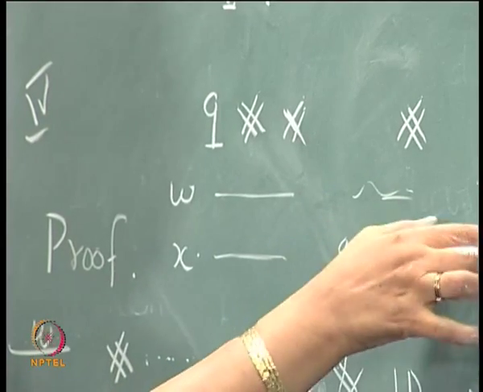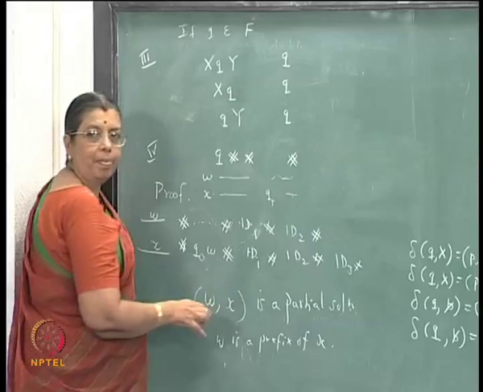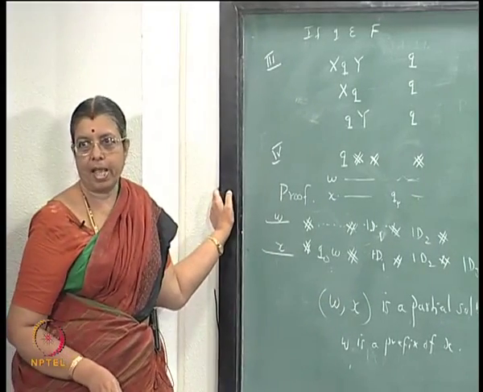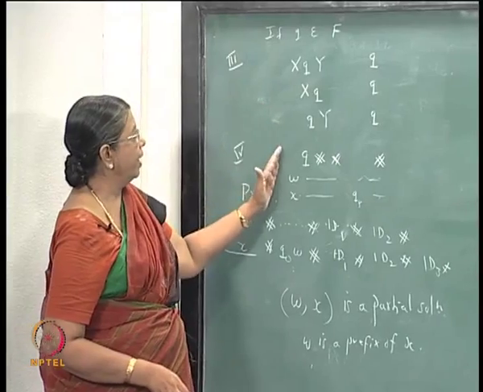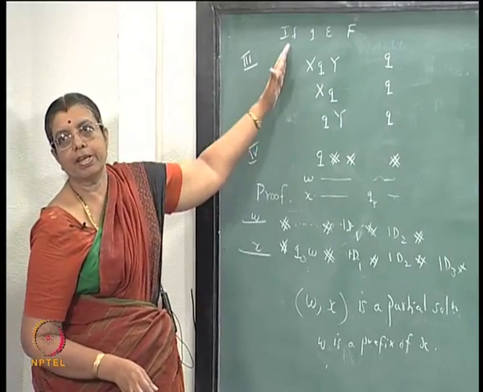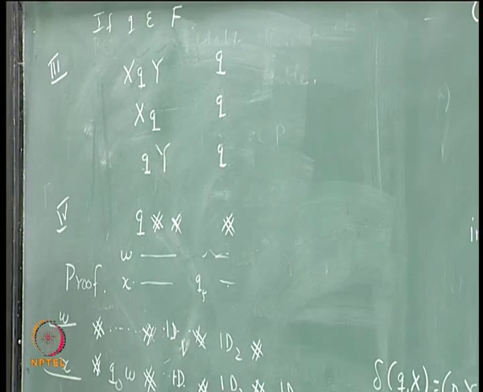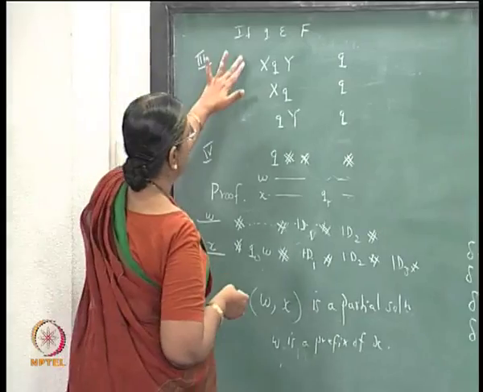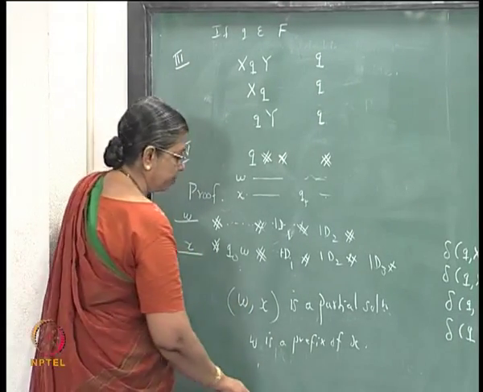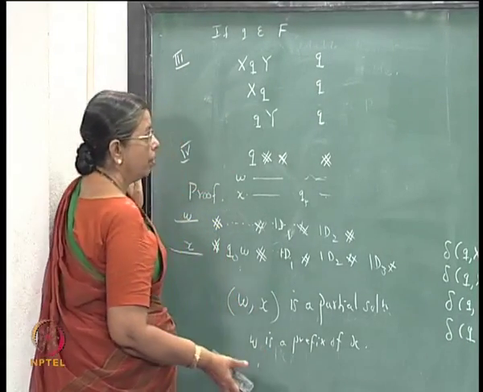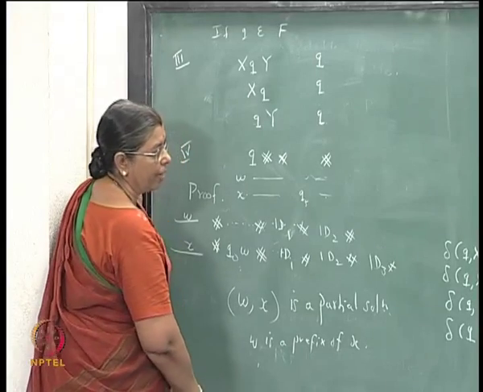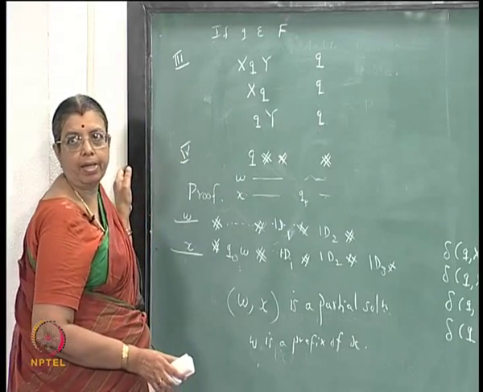So, step by step you do that and ultimately you will end up with equal strings. And consuming symbols is defined only when you reach a final state, right. So, only when you reach a final state, you will start consuming the symbols and you will end up with equal strings.